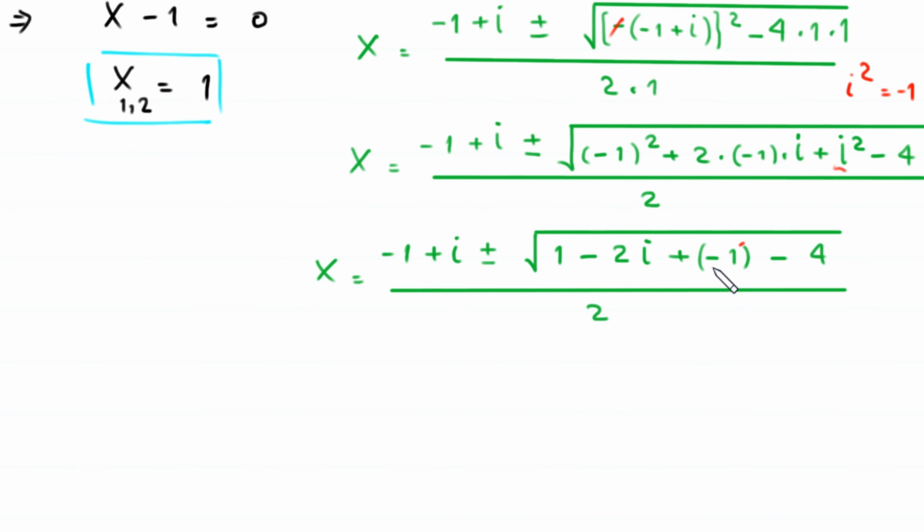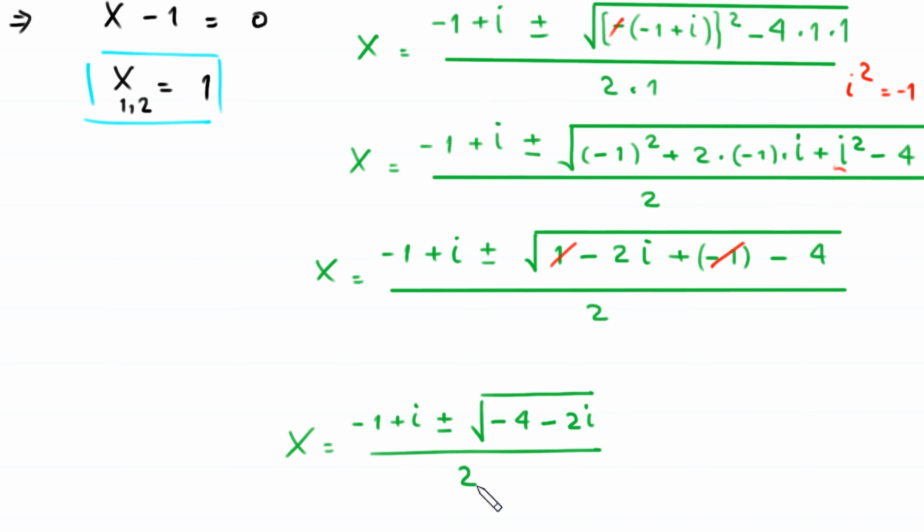Now this negative 1 will be cancelled out with this positive 1 and we are left with x is equal to negative 1 plus i plus minus square root of, we write this negative 4 first, negative 4, this negative 2i, negative 2i divided by 2. This is third and fourth value of x.